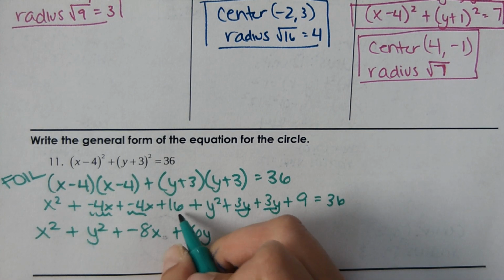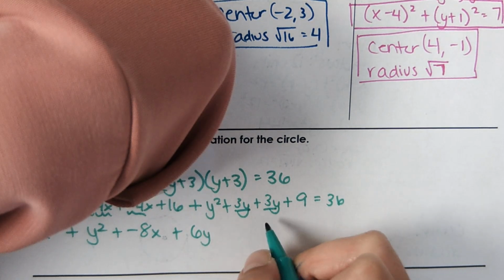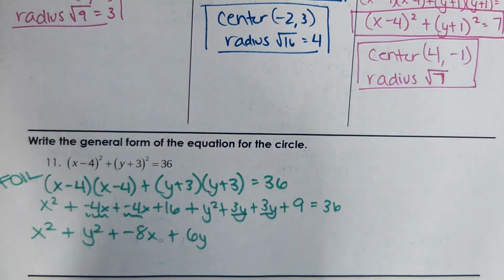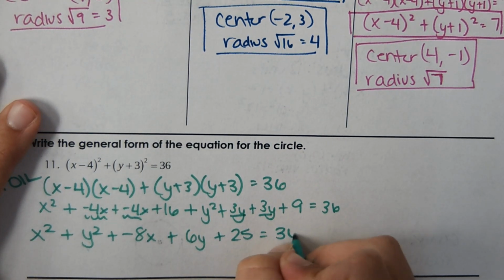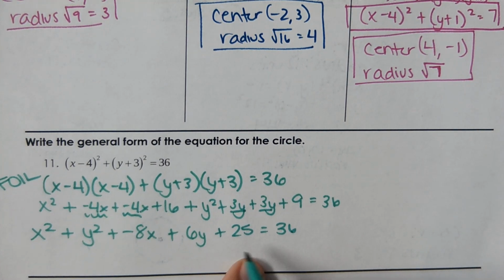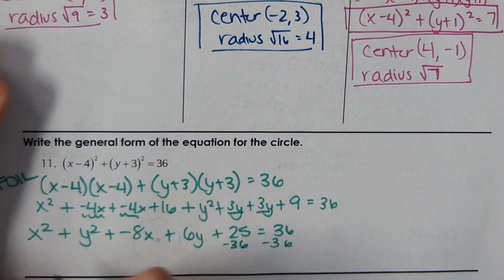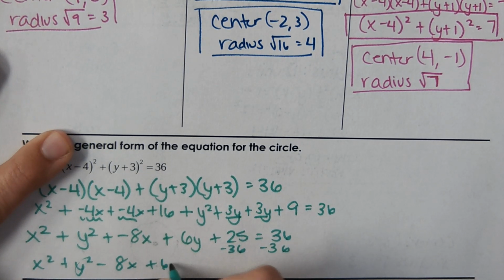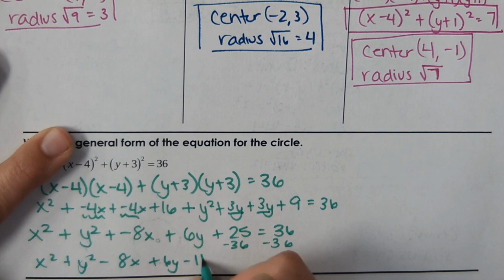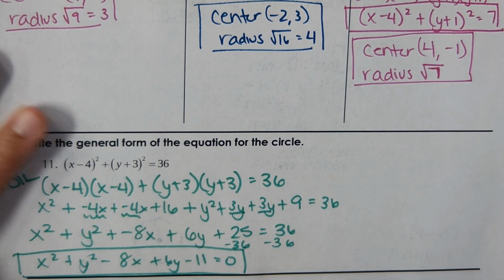And then I have 16 plus 9, which would be 25 equals 36. I need to get this 36 over on this side, so it's equal to 0. So I get x squared plus y squared minus 8x plus 6y minus 11 equals 0. And so here would be the general form.